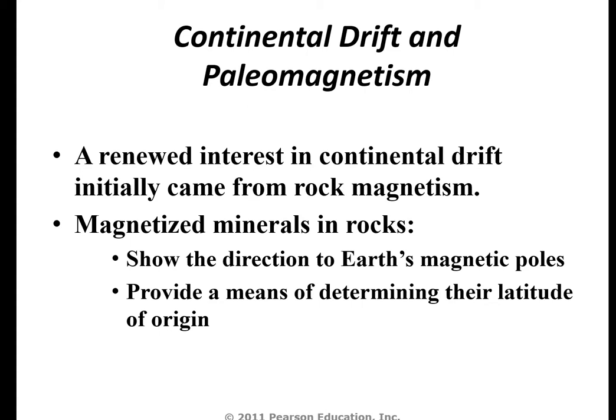So a renewed interest in this theory came in from rock magnetism. And this says that the rocks have certain minerals in them that become magnetized over time. And this magnetized mechanism is kind of like locking in a secret to the Earth. It shows the direction to the Earth's magnetic poles over time, and provides a means for determining their latitude, position on the Earth of origin.